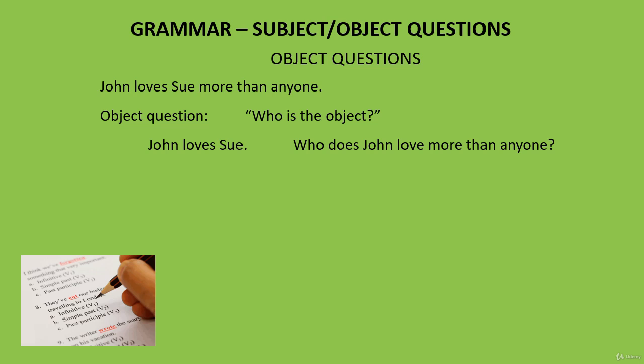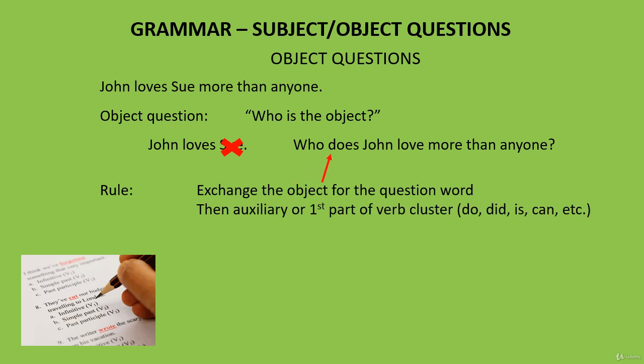You probably know this because it's A2 English, present simple. The rule for this tense and all other tenses is when you ask an object question, exchange the object for the question word. So Sue becomes who. Then comes the auxiliary, do or does for present simple, or did for past simple.